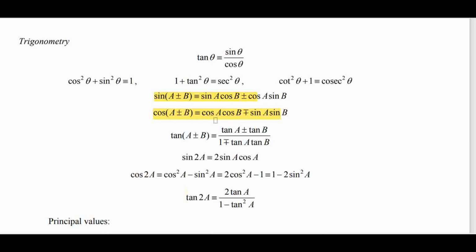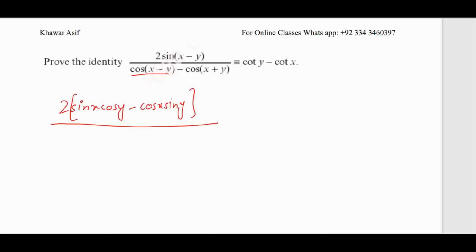Over here please be very careful about the sign. जब cos a plus b है तो यहाँ पे cos a cos b minus sin a sin b है, तो इसको आप यूज करें तो this will be cos of x sin of y plus sin of x cos of y, minus, ब्रैकेट्स का यूज करें. Now cos plus के लिए क्या है, माइनस होगा. Now this is the identity we have to use.